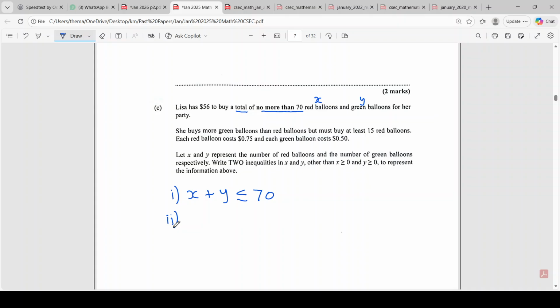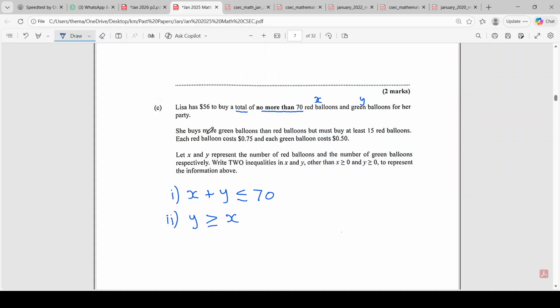Can you give me an inequality? Y is more than or equal to X, 15X. Do you see that?